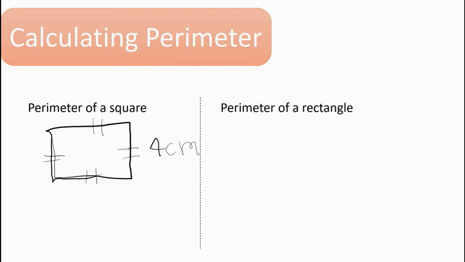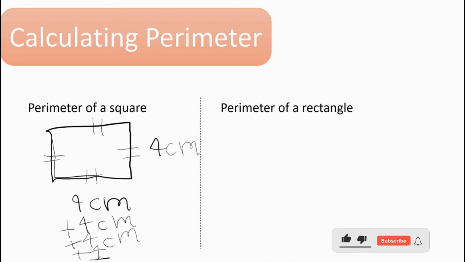So suppose all the sides have a measure of 4 centimeter, then the perimeter would be 4 centimeter plus 4 centimeter plus 4 centimeter plus 4 centimeter, and this is equal to 4 into 4.